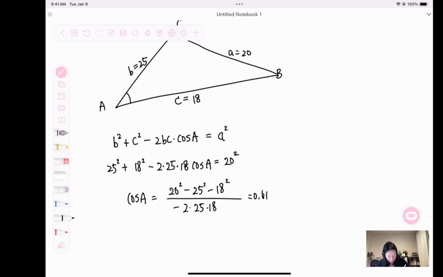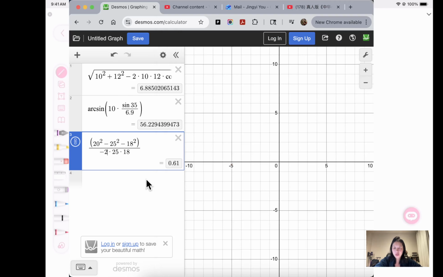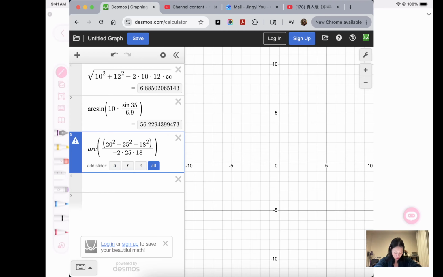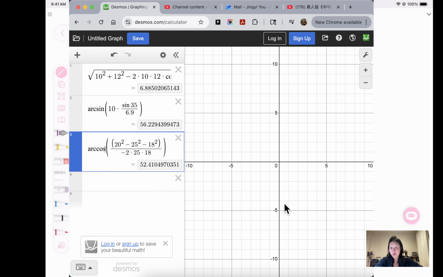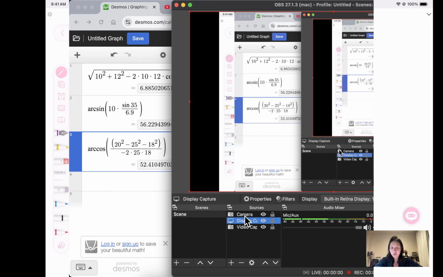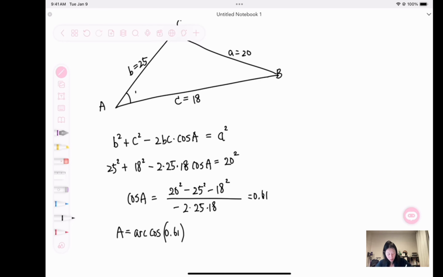And then A is equal to the arc cosine, the inverse function, of 0.61. Again, do this in decimal, or you can just go ahead and do it from the previous one and put arc cosine. So that gives you 52 degrees. Again, keep the angle in a whole number. So I have angle A equals 52 degrees.